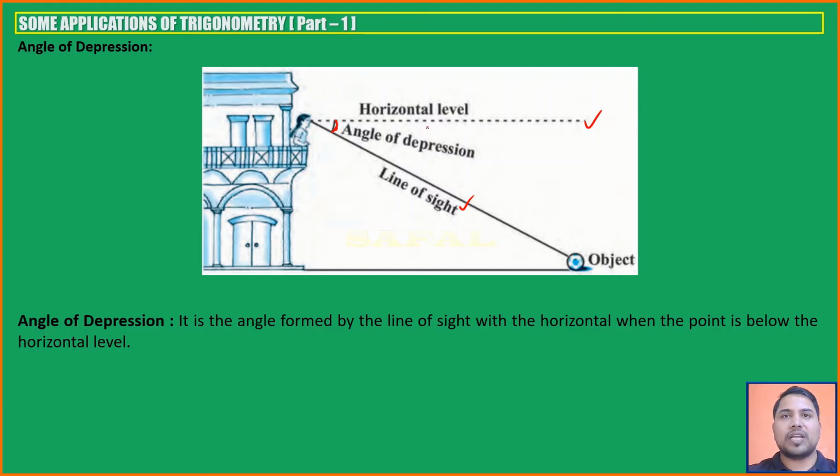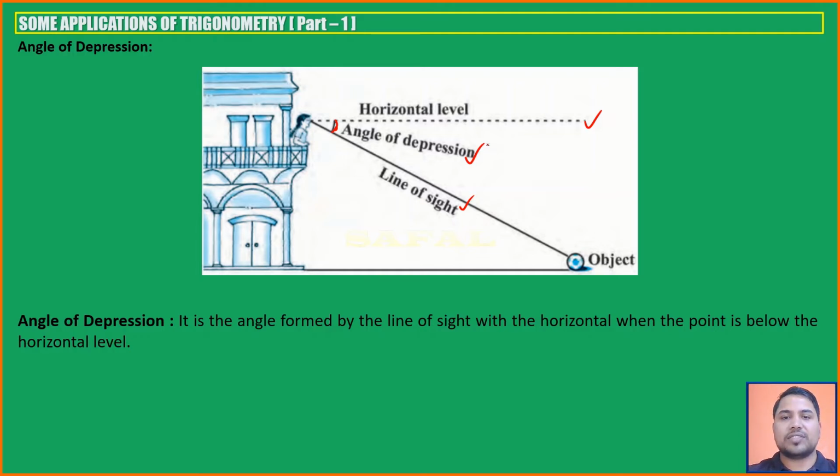By how much angle the observer is depressing his or her head with respect to horizontal, that only we call it as what? Angle of depression. So very clear, whenever the object is above horizontal, it's a case of angle of elevation, and whenever the object is below horizontal, it's a case of angle of depression.